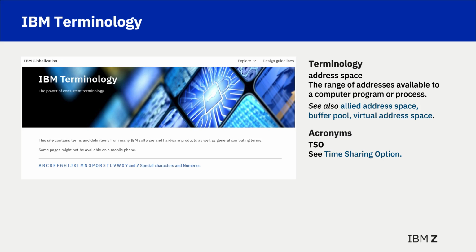The IBM Terminology site is the best source for looking up a terminology phrase or acronym. The example includes terminology and an acronym that is used during the zOS Introduction video series, address space and TSO.